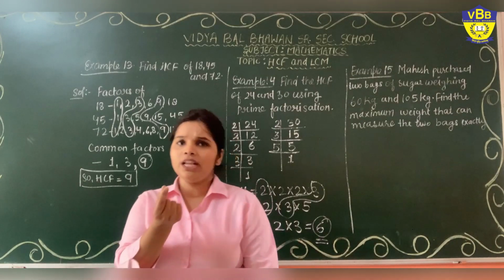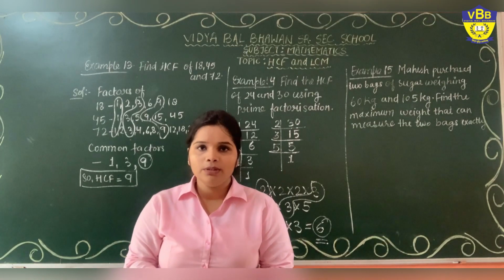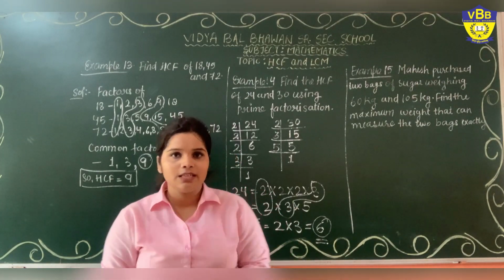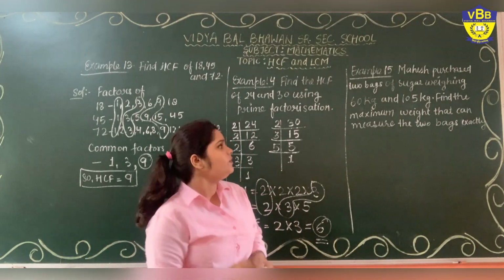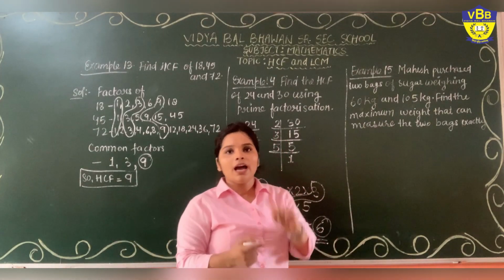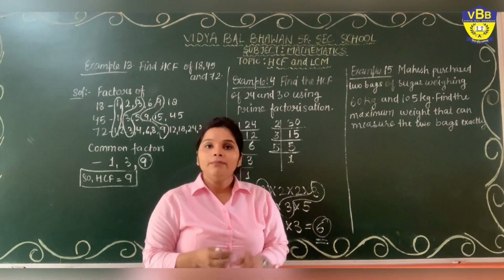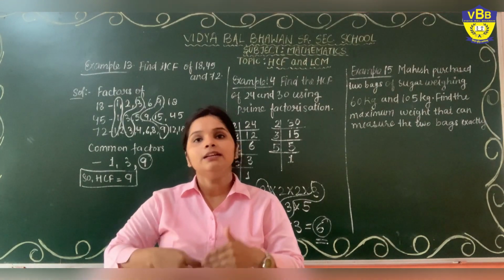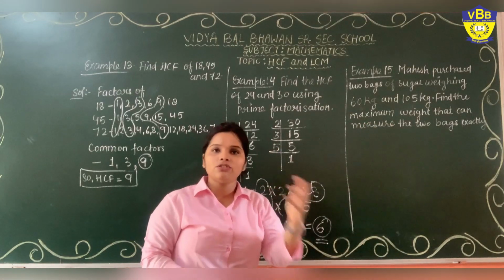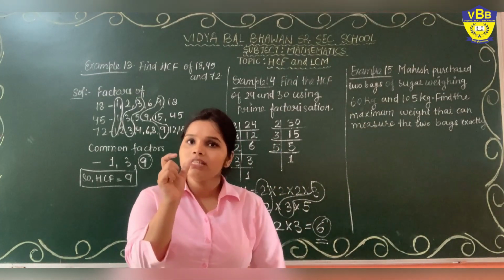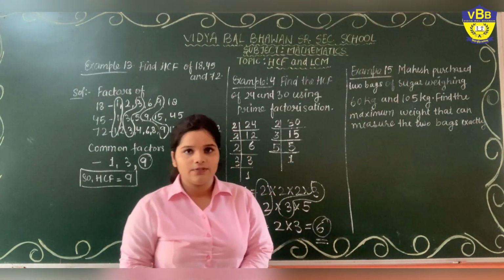So here is a short trick, or we can say a tip. If you are having any word problem related to HCF and LCM, and anywhere in the word problem it is written maximum, highest, greatest, longest, words which represent highest things, that means you need to find HCF.